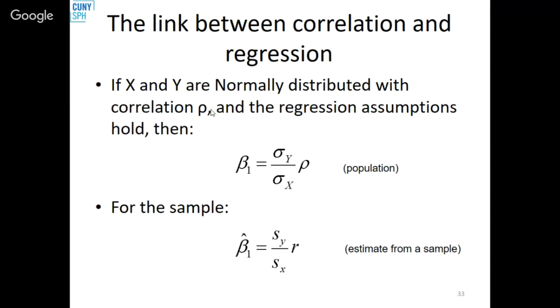Another way to say this is that the correlation coefficient can also be thought of as the regression coefficient for scaled variables. So if both of these variables are scaled so that they have a standard deviation of 1, then the regression coefficient is equal to the correlation coefficient.